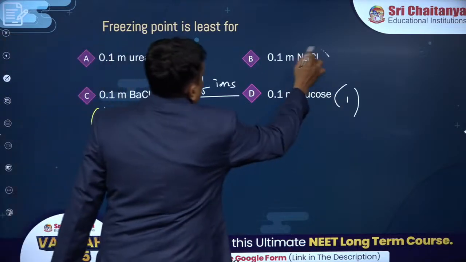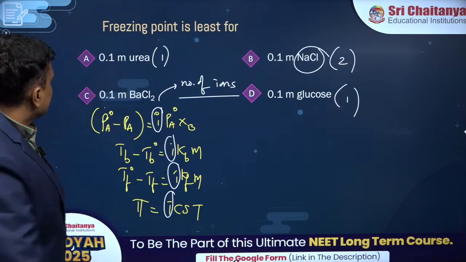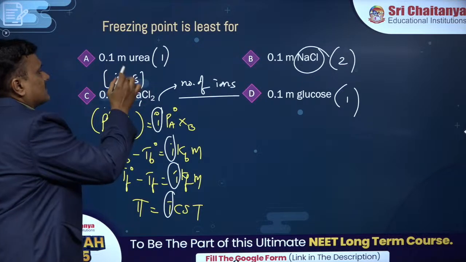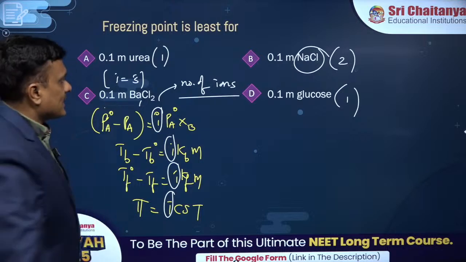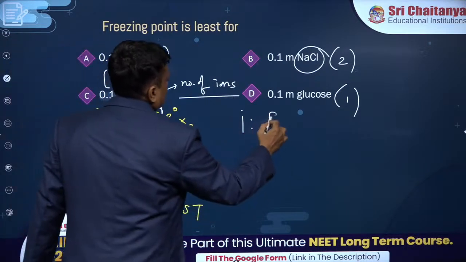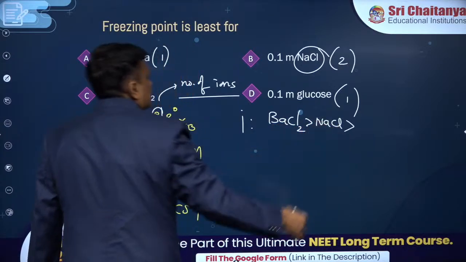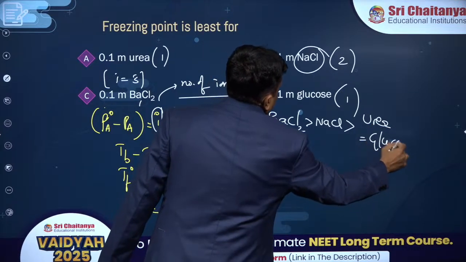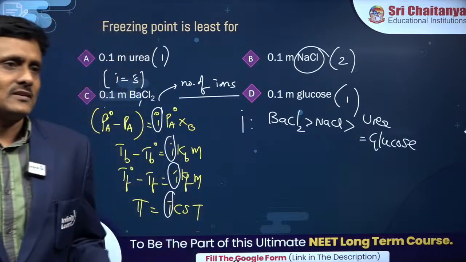For the next, because there are 2 ions possible, i is equal to 2, and over here 3 ions are produced, so i is equal to 3. So this is a general thing that we know. Now what if i is greater? i of BaCl2 is greater than NaCl, which is greater than urea, which is equal to glucose, because both are non-electrolytic type. So i value is 1.